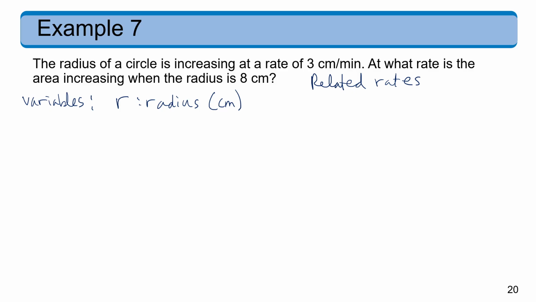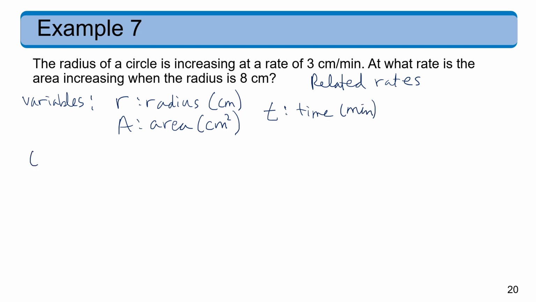Also, they're asking us to find the rate for the area, so we need a variable for area. Use capital A. And if distance is in centimeters, then area would be in square centimeters. And both of those are changing over time. Notice the rate has centimeters per minute, so we can tell that time is a variable here also, and units in minutes.